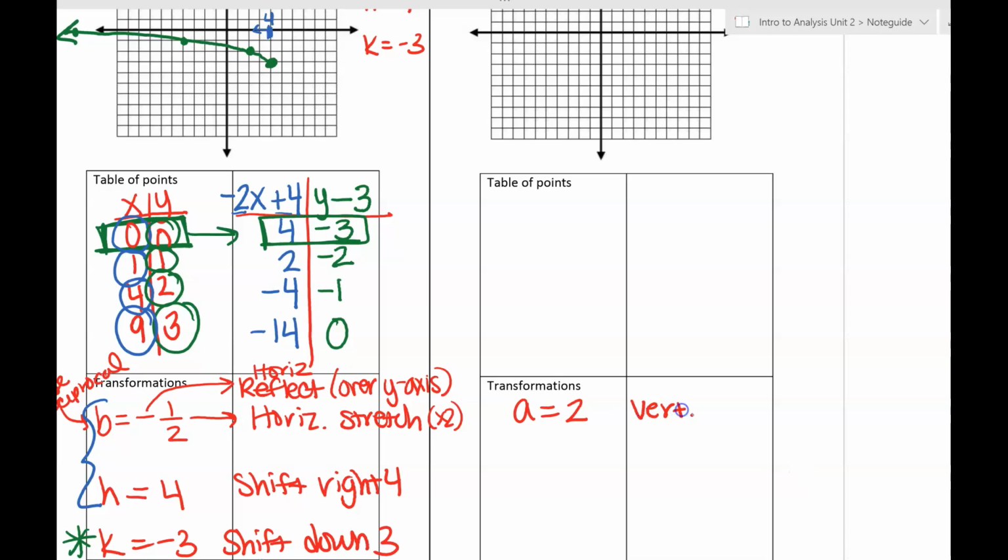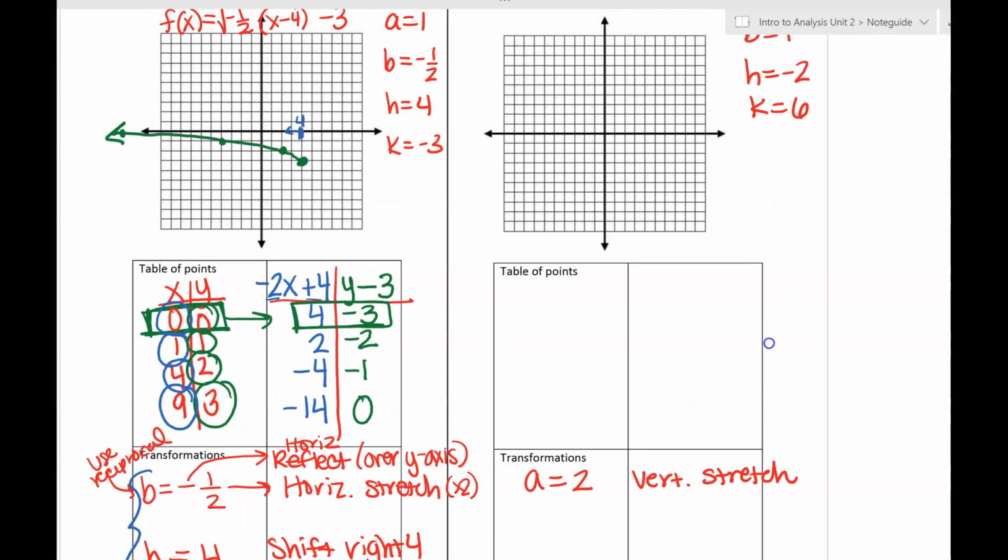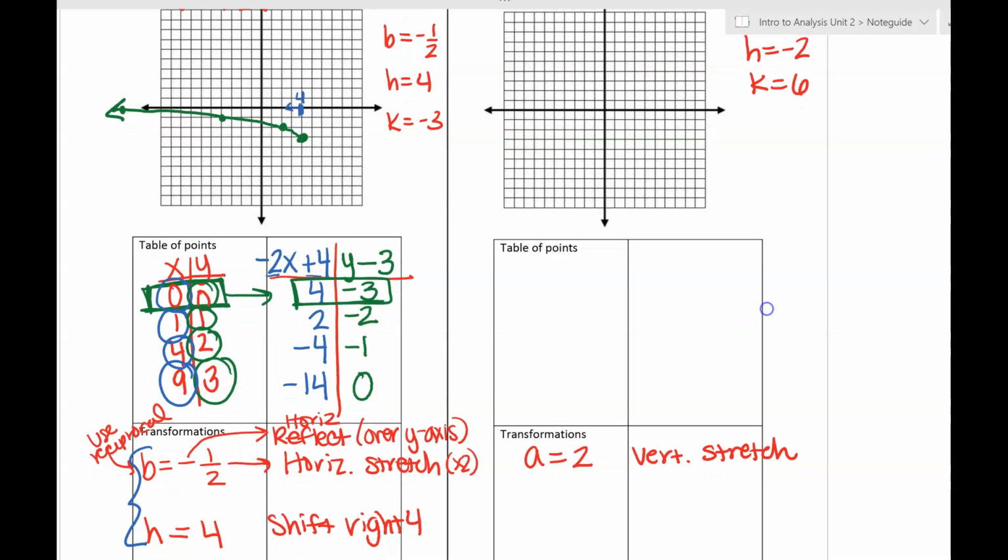That's a vertical stretch. Our b is 1, so no transformation. For h to be negative 2, that means we're going to shift left 2. And for k to be 6, we're going to shift up 6.